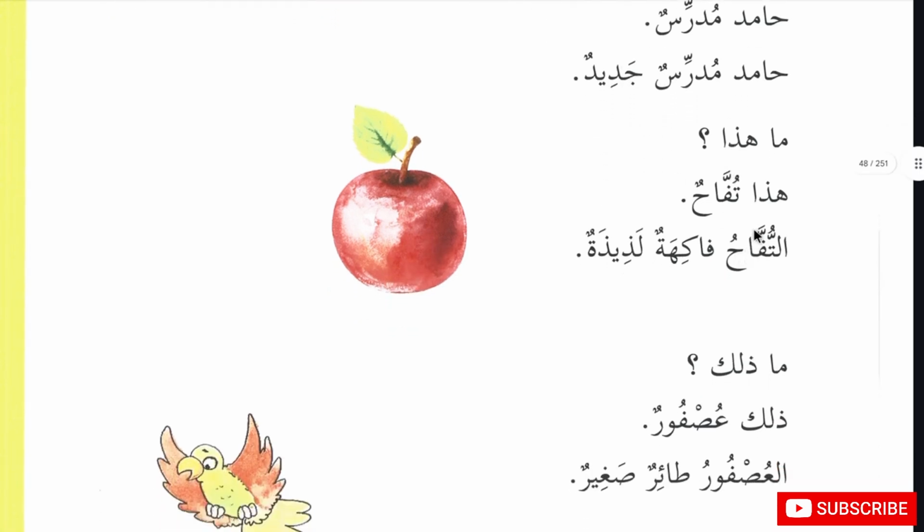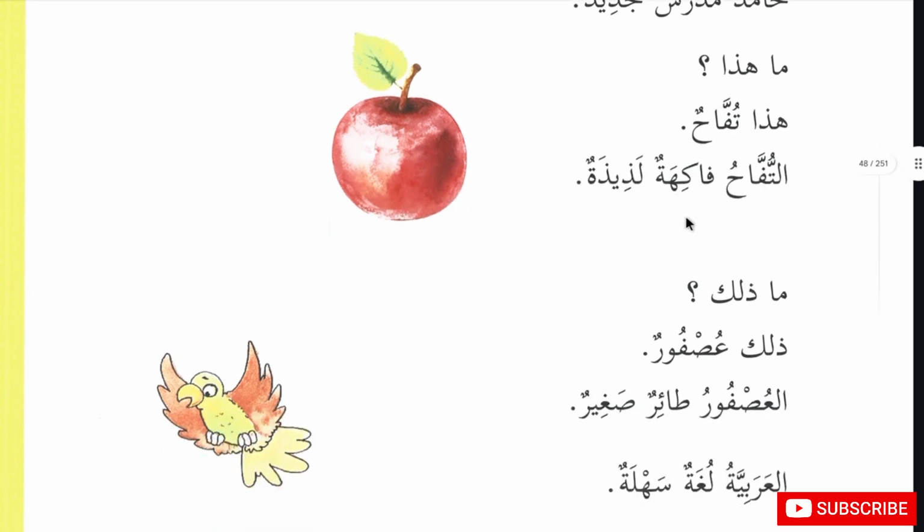Ma hada, what is this? Hada tufah. This is an apple, and this word also means apples. So some nouns have plural meanings, even though they're singular. But the singular for apple is always at-tufaha with the ta marbuta at the end. At-tufahu fakihatun ladida.